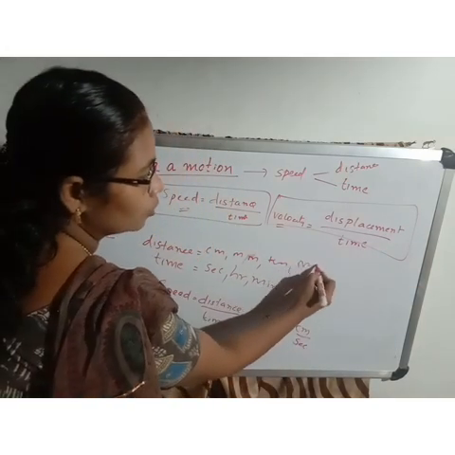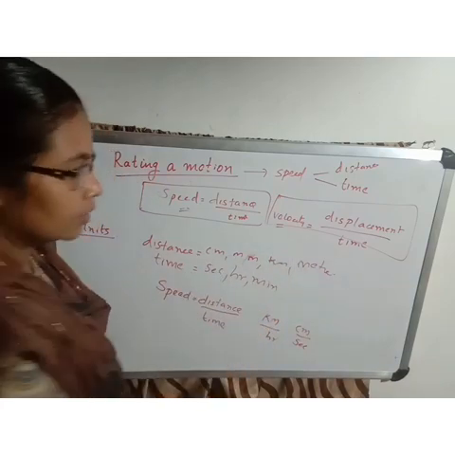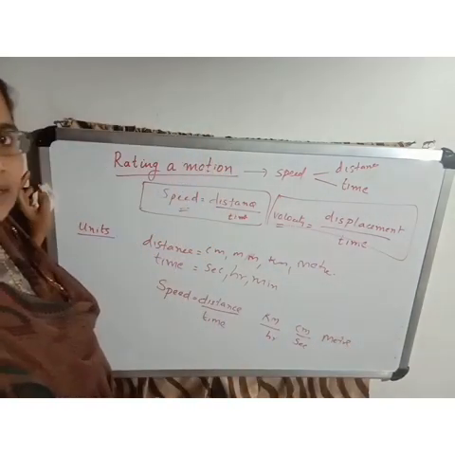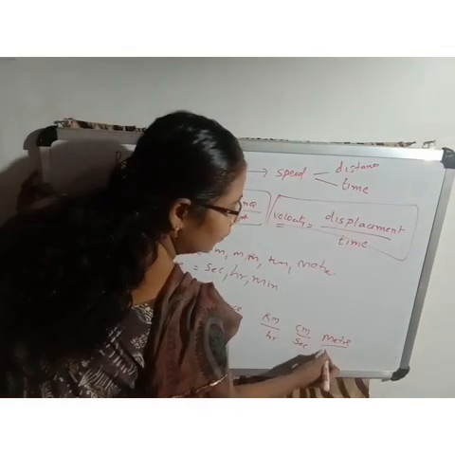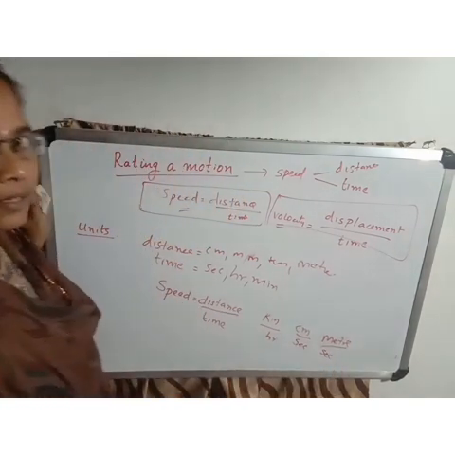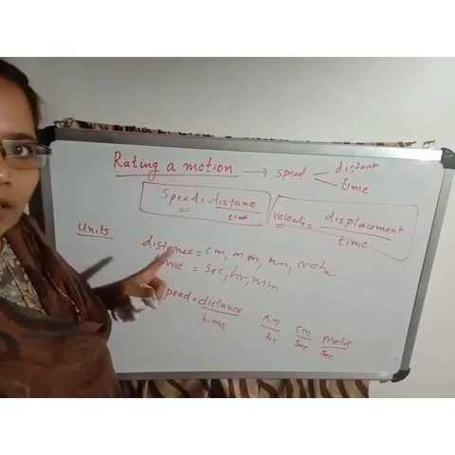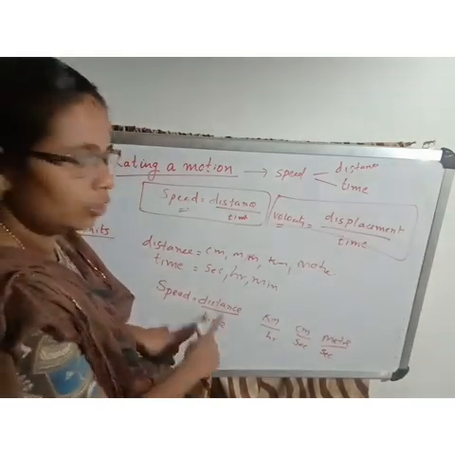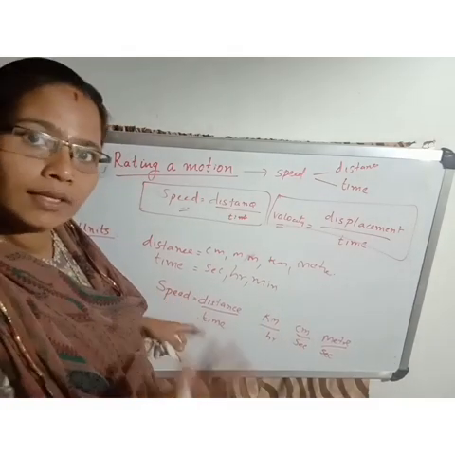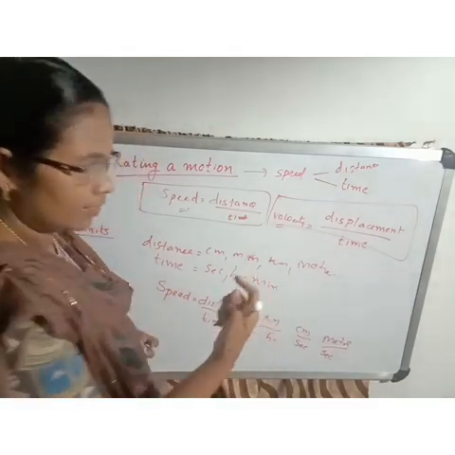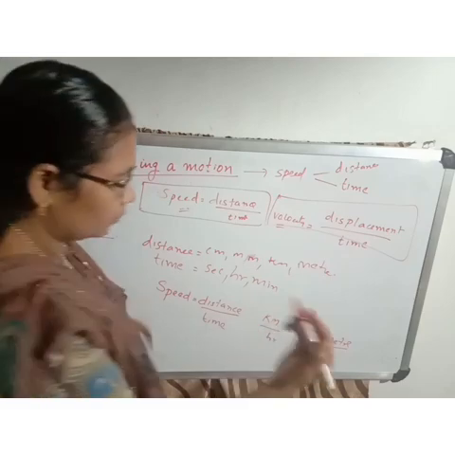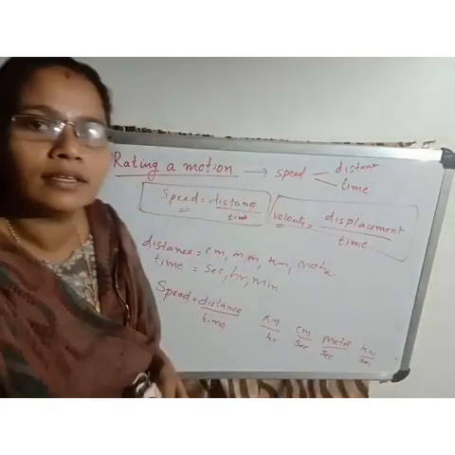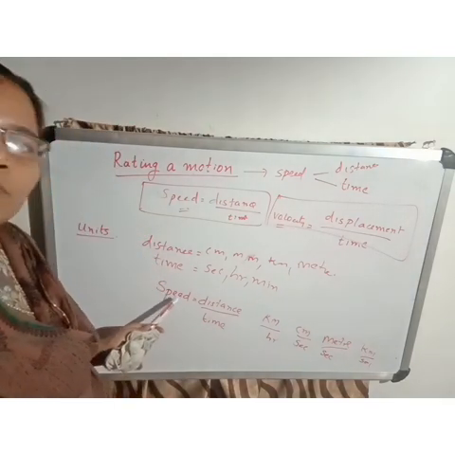Sometimes meter is also a unit of distance, and time we can take in seconds. Just select a unit of distance, then divide by the unit of time. It's up to you. We will get kilometer per hour, centimeter per second, kilometer per second. All these are possible units of speed.